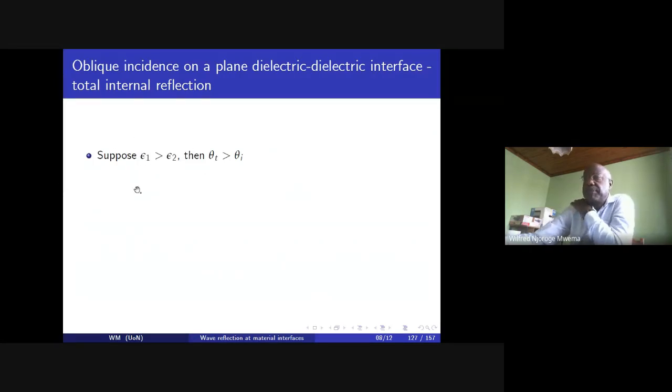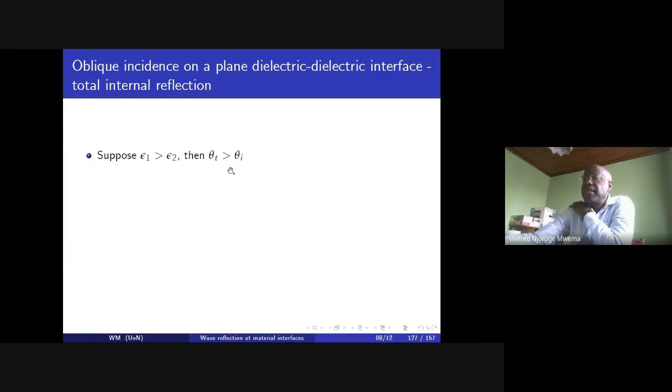Now, suppose we were to have epsilon 1 greater than epsilon 2. That is, we are coming from a more optically dense material to a less dense material, so that the refractive index of medium 1 is greater than the refractive index of medium 2. From Snell's law of refraction, we know that the sine of theta t is given by the ratio of the refractive indices multiplying the sine of the angle of incidence.